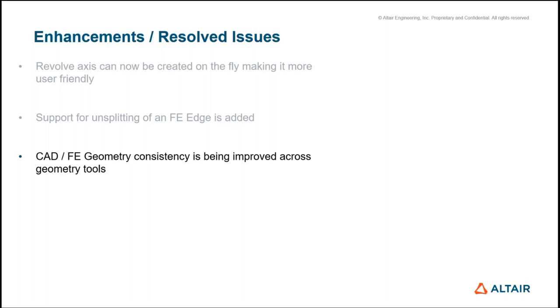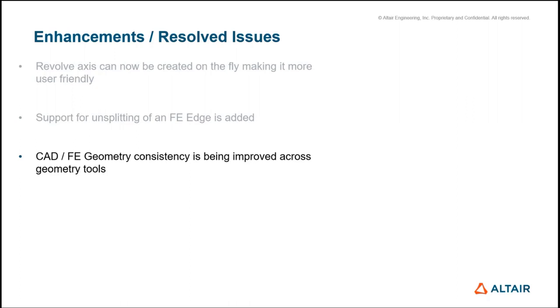We have options under preferences to create geometry as FE geometry or CAD geometry. Now we have been consistent. If you have a CAD line, the output will be CAD. If you have FE geometry as your input, the output would be FE geometry.